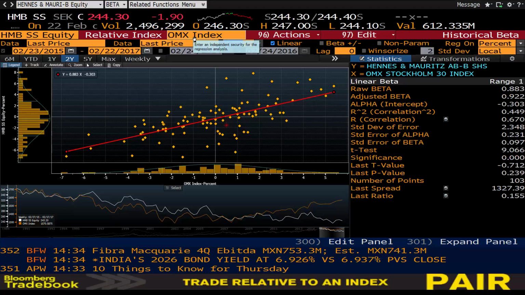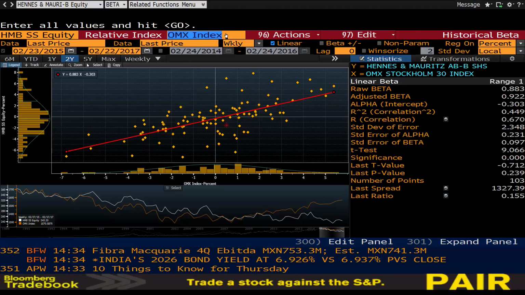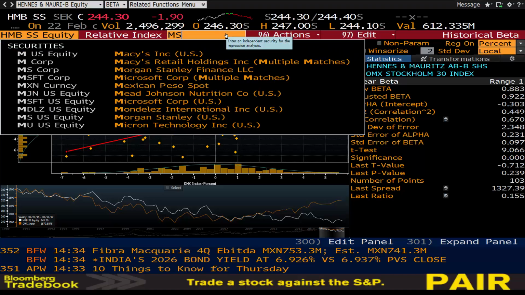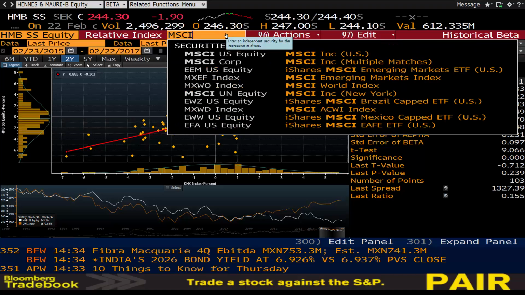However, most investors these days have a global outlook, which means that using a local stock index is not necessarily the best idea. So here, for example, where it says OMX, if you click on it, you can type in MSCI, and this will give you a bunch of different options.